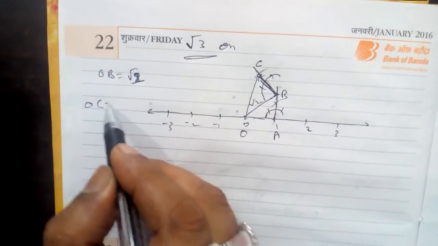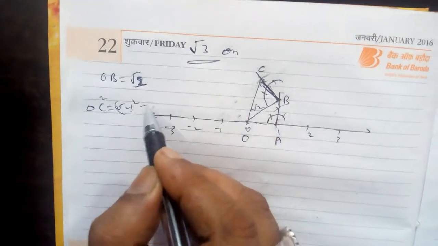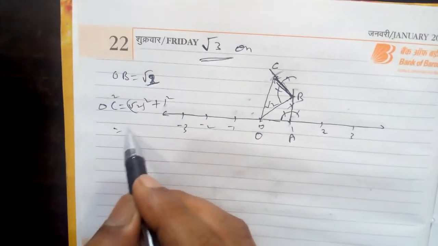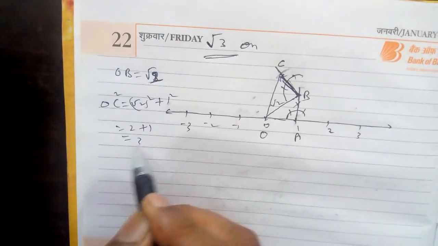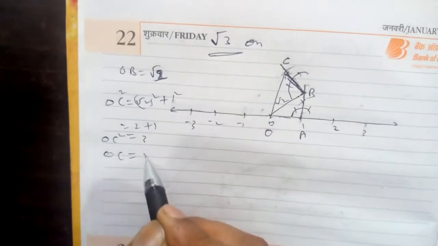So OC square is equal to root 2 square plus 1 square by Pythagoras. So your answer will be 2 plus 1 is equal to 3. It is OC square. Then what is OC? Under root 3. OC is under root 3.